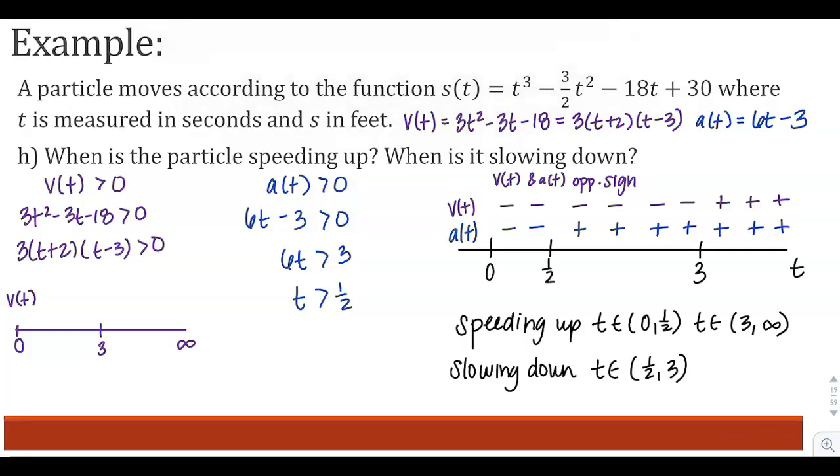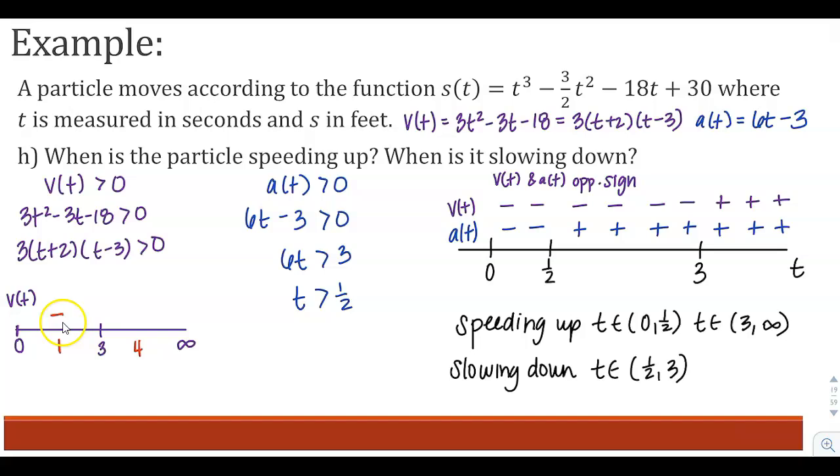What we have to do is pick a test point between 0 and 3. So we can pick the value of 1. And between 3 and infinity, we can pick the test point 4. I'm going to plug 1 in for t into the factored version. I can see that I'd end up with 1 plus 2 is positive, 1 minus 3 is negative, so overall multiplying these, I would be negative on that interval.